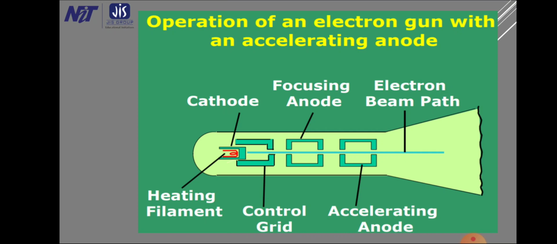So you need horizontal deflection as well as vertical deflection of this electron beam so that you can cover the entire screen. All the points or the entire phosphor coating of the screen needs deflection. This deflection of the beam is implemented by another stage, which we will see in the next slide.